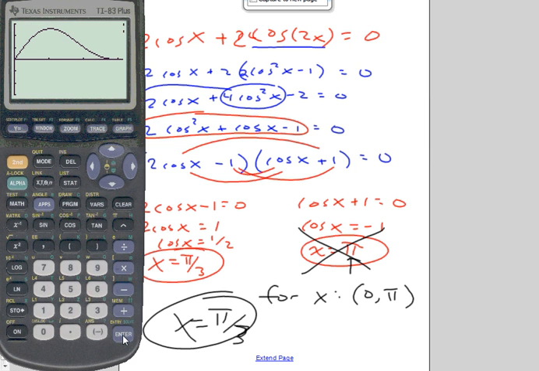Pi over 3 is just a little bit over 1. This is pi over 3. So that is right. And so that's where my slope is 0. My instantaneous slope is 0 because my average rate of change between 0 and pi is 0. In other words, I found a point where the instantaneous rate of change equals the average rate of change. Okay, so that's it for now.